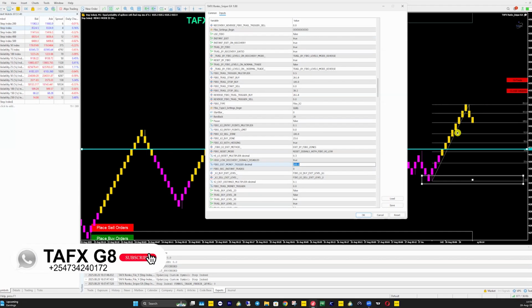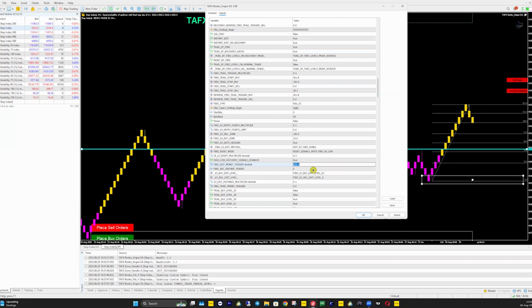So it can exit with more than $100. The only thing it cannot do is exit with less than $100. It is good to understand this so that you can practice on your demo account and see if you can apply that setup, or what works for you.